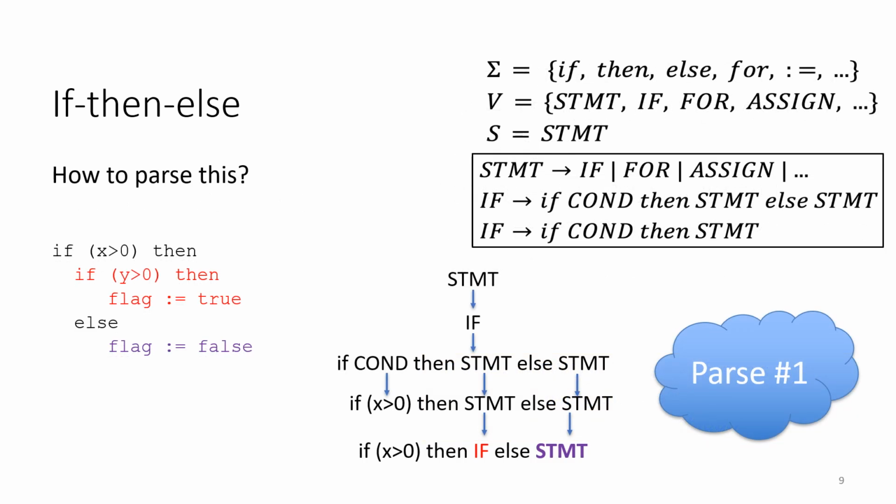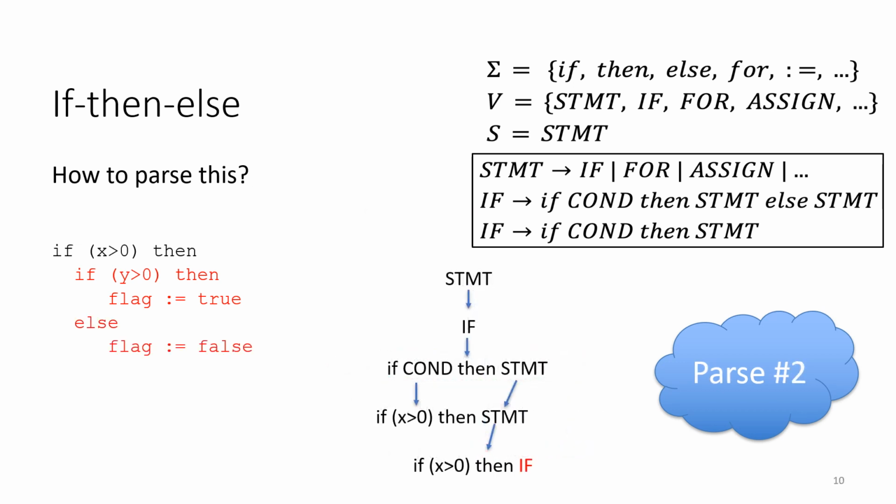So let's look at parse number 1, statement, then if, and then if then else. Then I start replacing with my terminal symbol, so if x is greater than 0, then statement, else, statement, and that statement gets replaced with an if. So that uses the first rule that I have for the variable statement if.